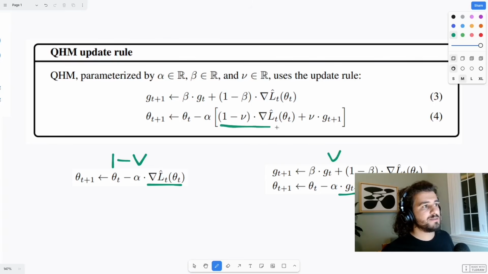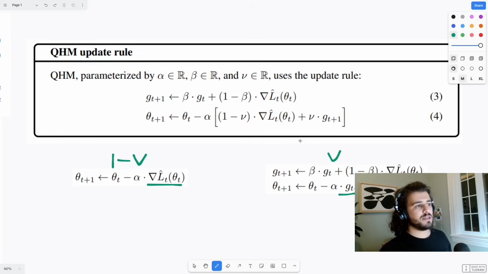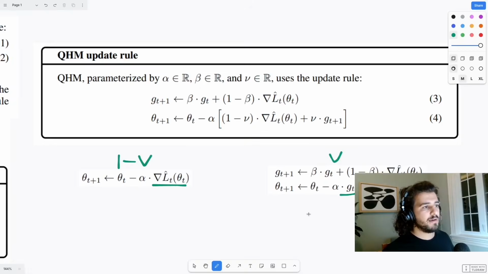So this is what this means. There's nothing inherently complicated happening here. We're either going to follow momentum more or stochastic gradient descent more, and we're going to keep those two things running in parallel.